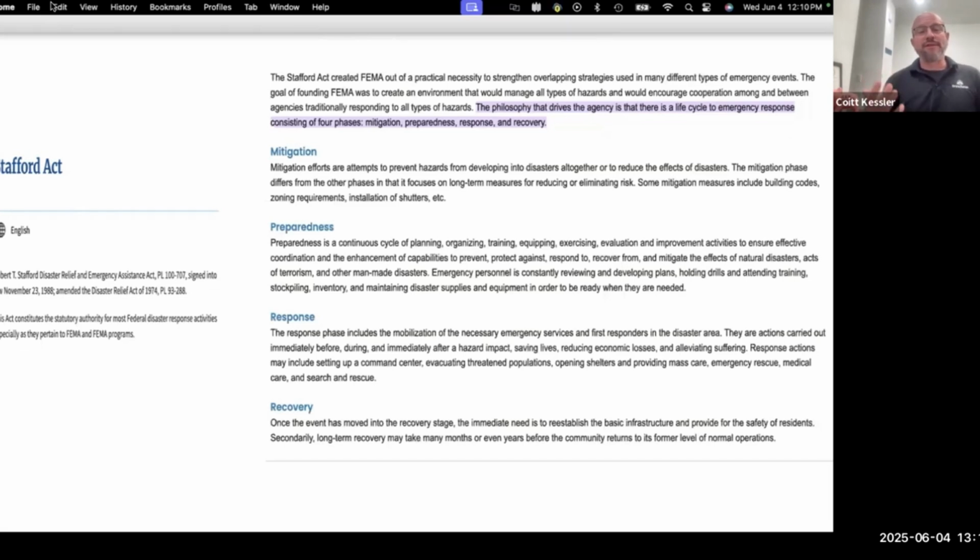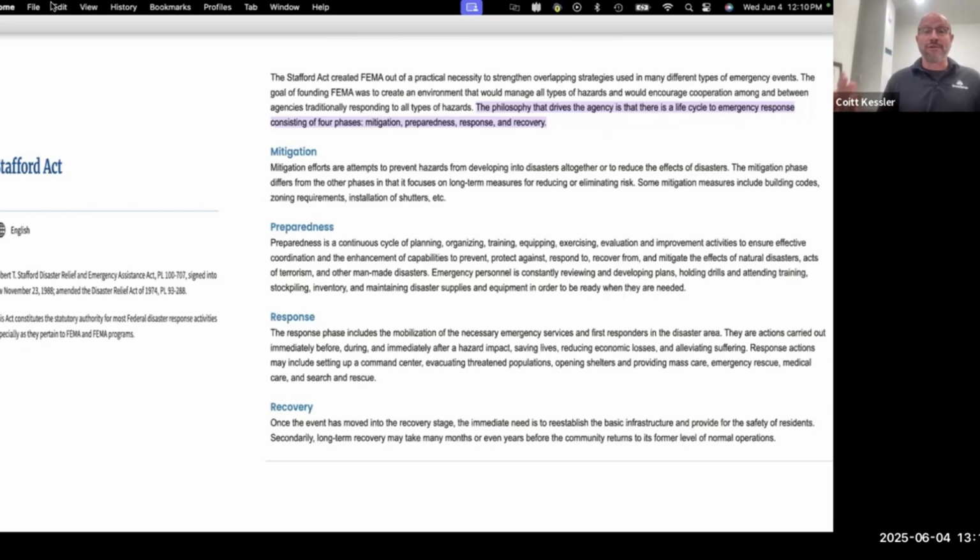But the 4 stages that we look at when we're looking at disaster are mitigation, as you can see here, preparedness, response, and recovery. And these little pieces of plastic that we have fit into every bit of that. If we're talking about the mitigation phase, eliminating the risk, well, we go out and fly areas all the time, so we know what our response area is.